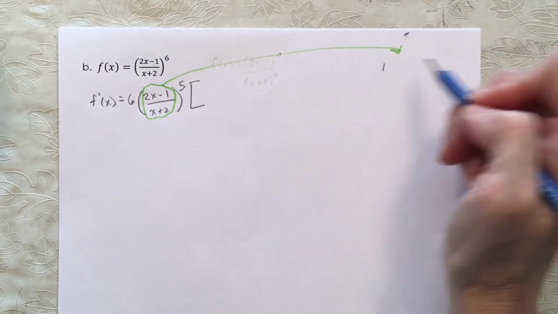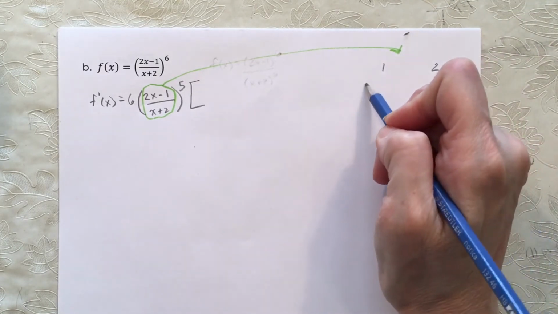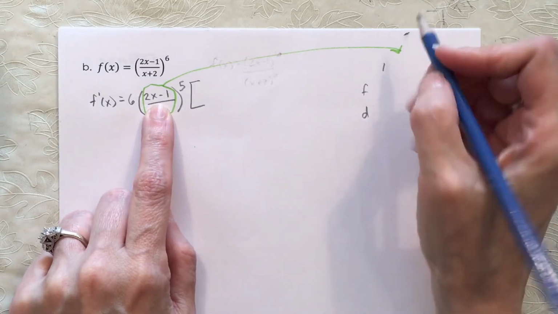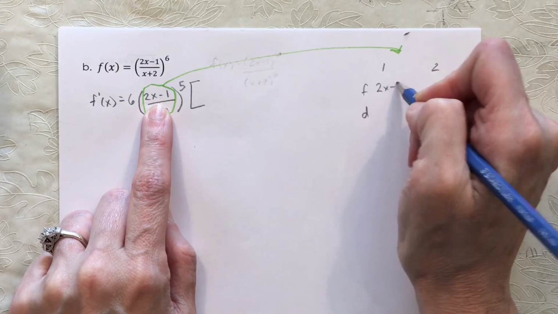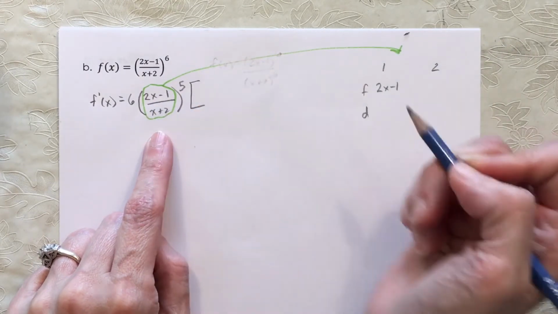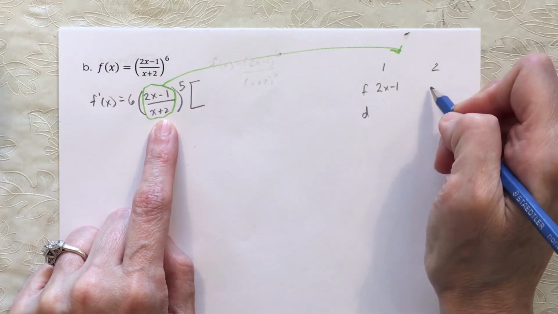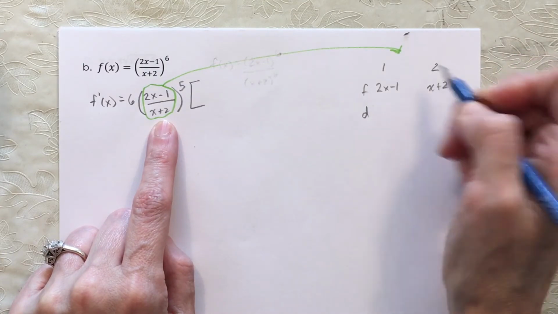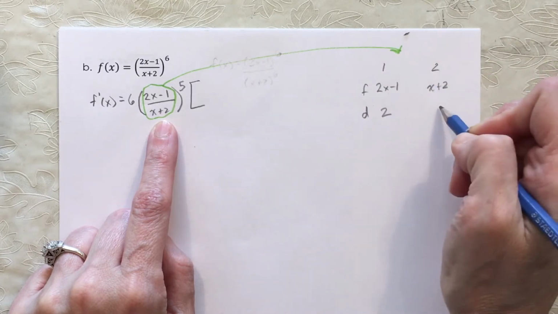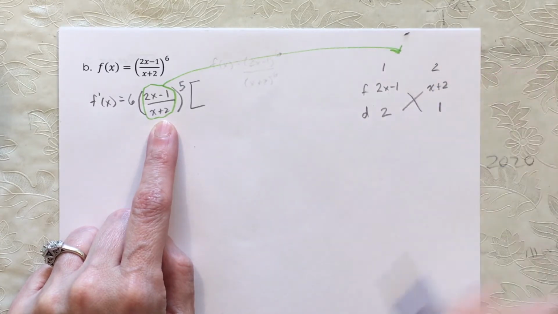So first, second, function, derivative. My first is 2x minus 1, because I'm just deriving what's inside here, the inner derivative, using the chain rule. And my second is x plus 2. The derivative of the first is just 2, and the derivative of the second is just 1.